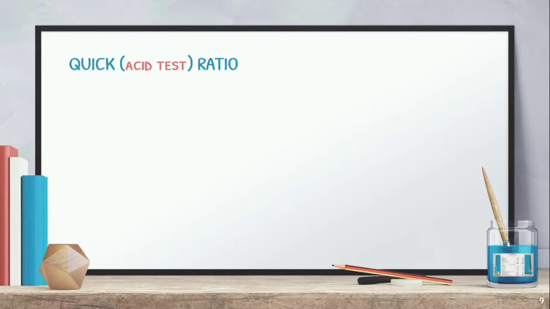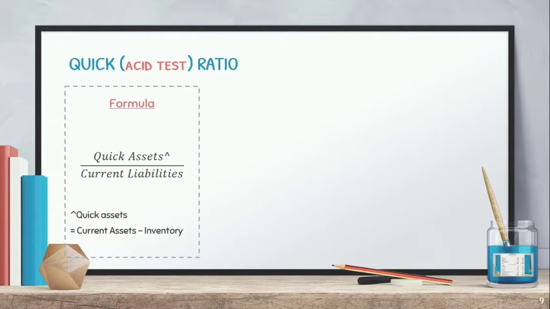It is called quick ratio because not all current assets, only those assets that can be quickly converted into cash, are included. So, we have our formula, quick assets divided by current liabilities. What are our quick assets? Our quick assets are just our current assets less our inventory.